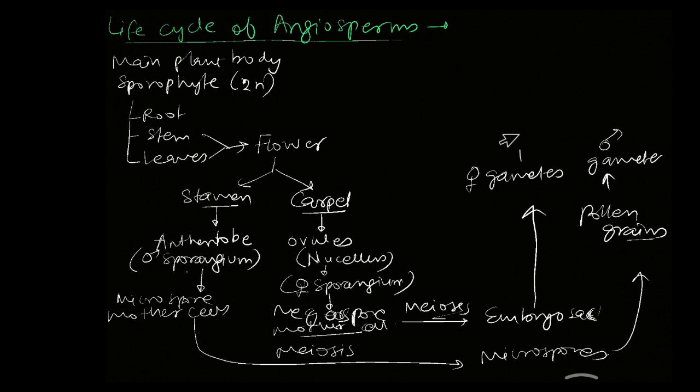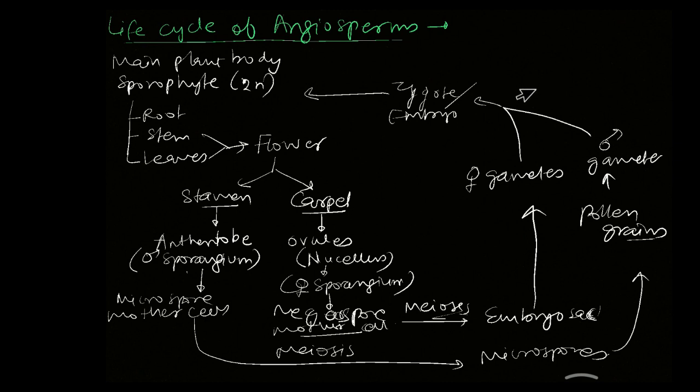And by the fusion of male and female gametes, the zygote is formed, and the zygote develops into the embryo, and this embryo forms the main plant body, which is the sporophyte.